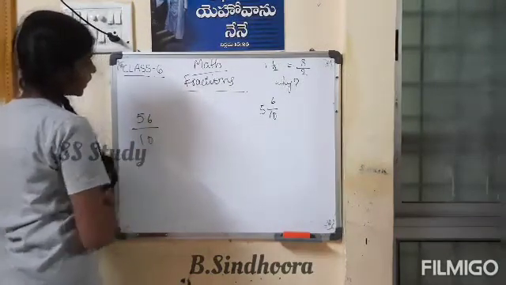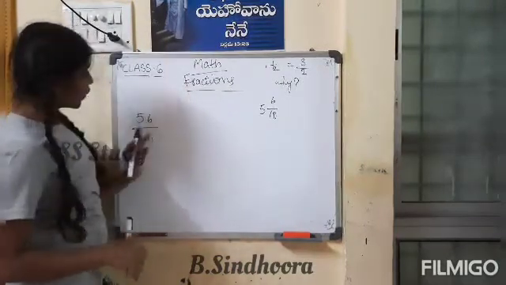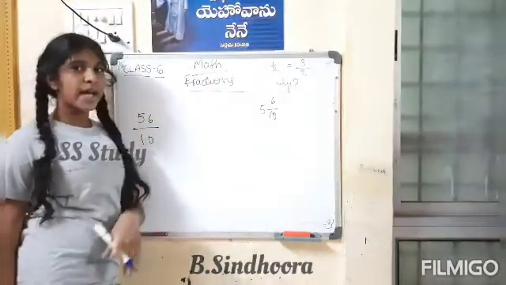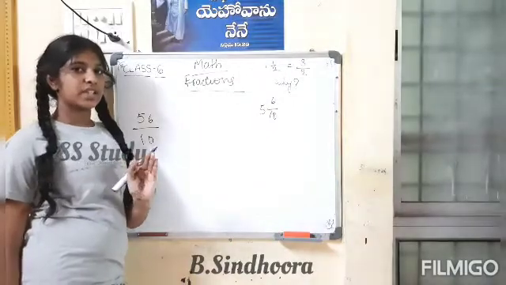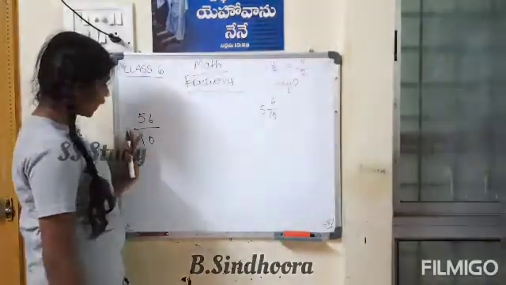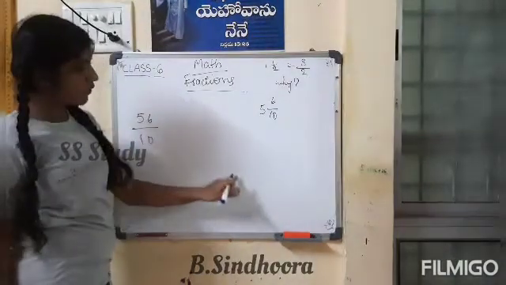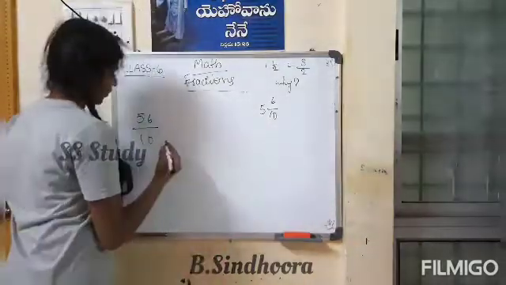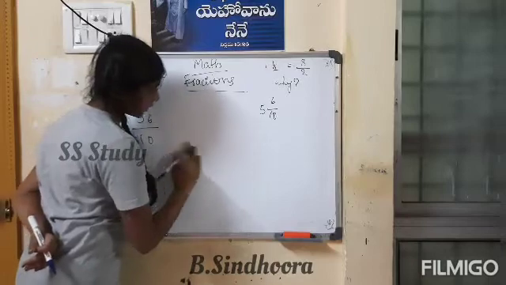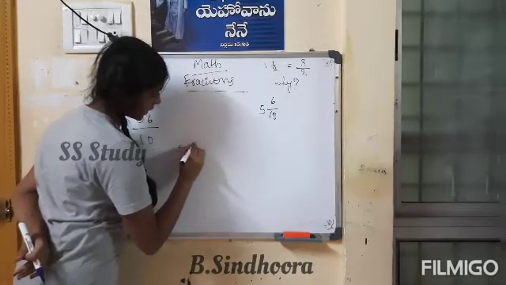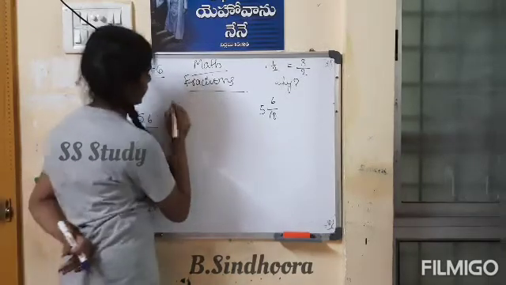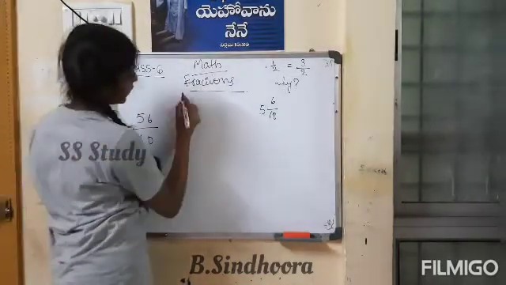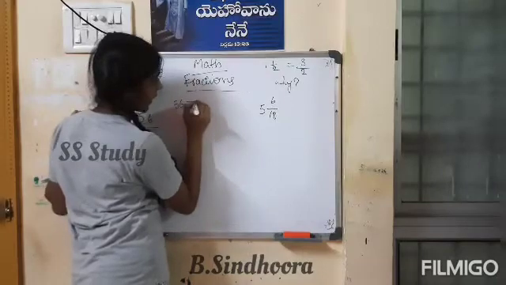How to convert it? First, to convert a mixed fraction into an improper fraction, we used multiplication and addition. Now here, to convert an improper fraction into a mixed fraction, we are going to use division. 56 divided by 10.